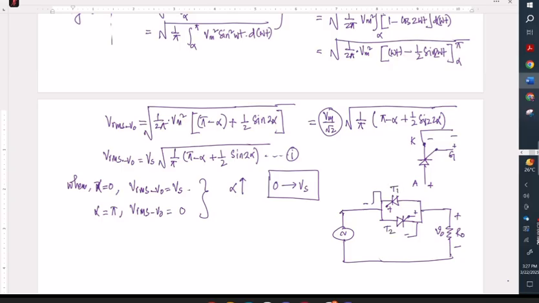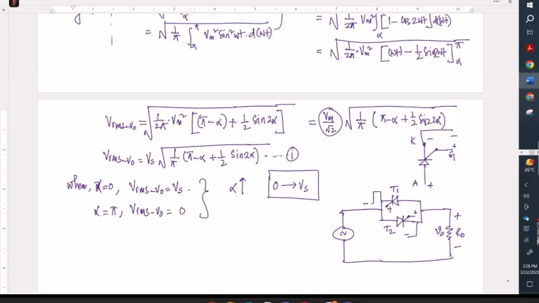So for T1 and T2, is their cathode common? No, they are opposite, sir. So in that case, you have to have two separate circuits for providing gate pulses for T1 and T2. You cannot use a common driver circuit for turning T1 and T2 on. That is the limitation this circuit has.